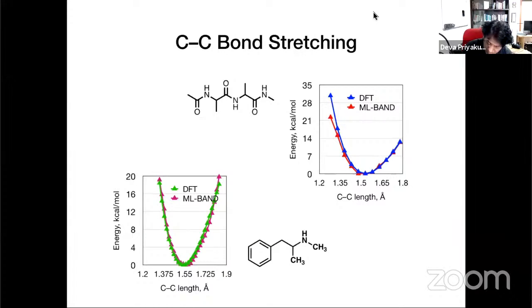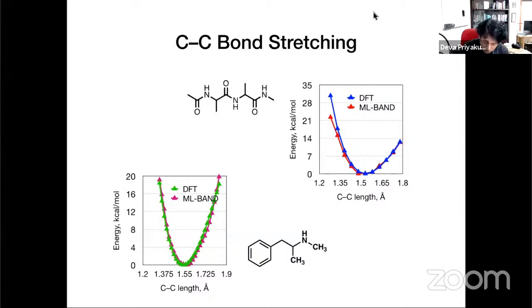Again, different comparisons in terms of learning the potential energy surface, right? For example, this is the energy corresponding to stretch of a bond. That's the energy change, right?